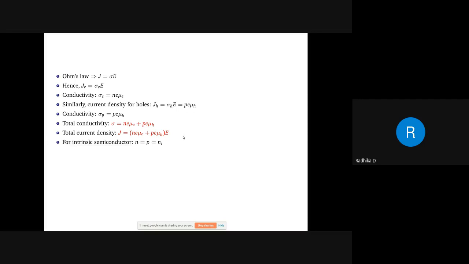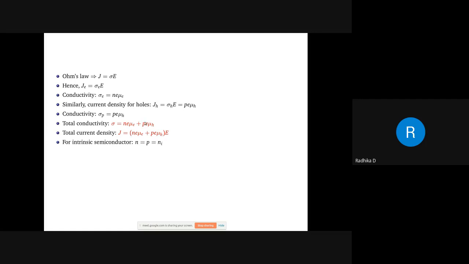What I am going to do is, we have seen this in the previous class, that for an intrinsic semiconductor, N is equal to P is equal to Ni, that is the intrinsic carrier concentration. Number density of electrons is equal to number density of holes, and you assigned it to another term, Ni, that is intrinsic carrier concentration. So if I do that, what do I get? Instead of N and P, I am going to put Ni in this expression.